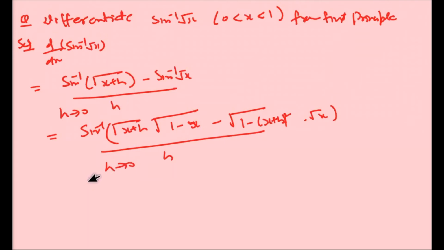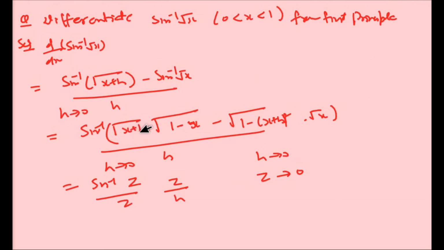So what we got here: let us denote the argument of sine inverse as z, dividing by z and multiplying by z by h. As h tends towards 0, we can see z tends towards 0.